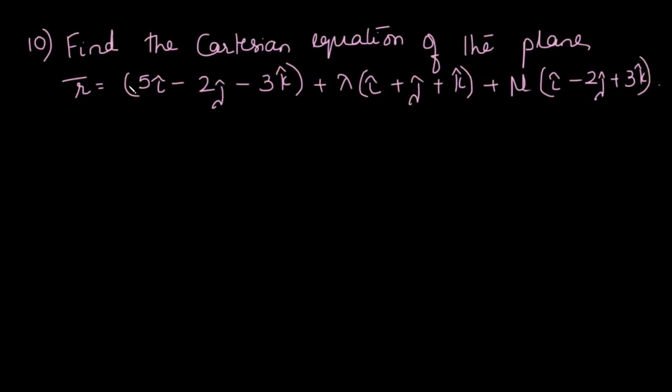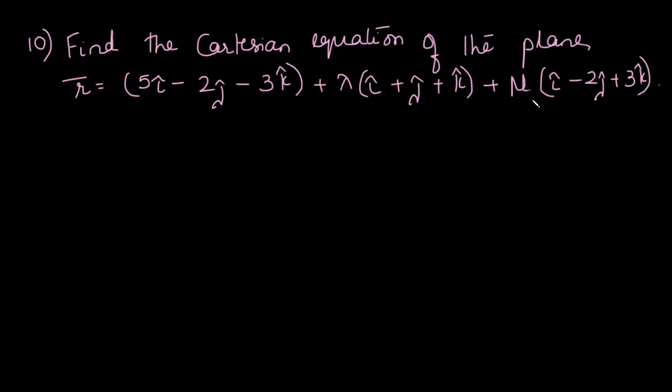Question 10. Find the Cartesian equation of the plane r = (5i − 2j − 3k) + λ(i + j + k) + μ(i − 2j + 3k).